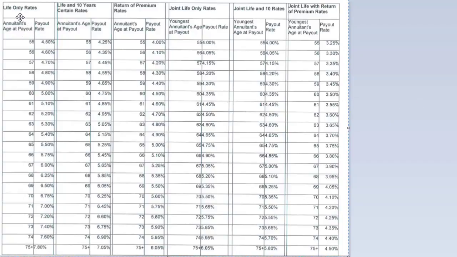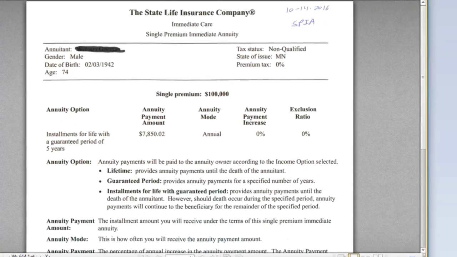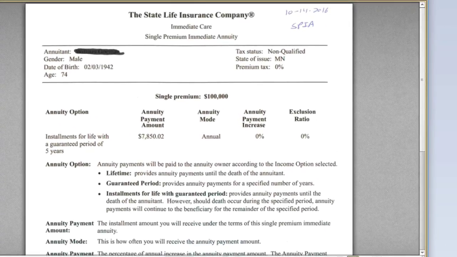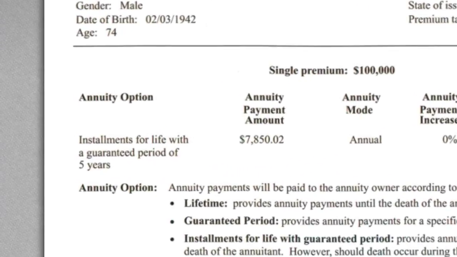So let's look at a life only rate, or let's say a life with 10-year certain rate. So what that means is if someone puts $100,000 into an annuity, let's say it's a single premium annuity. I'll give you another illustration here. I did this one the other day. Single premium annuity, and they'd start off $100,000 on a 74-year-old.